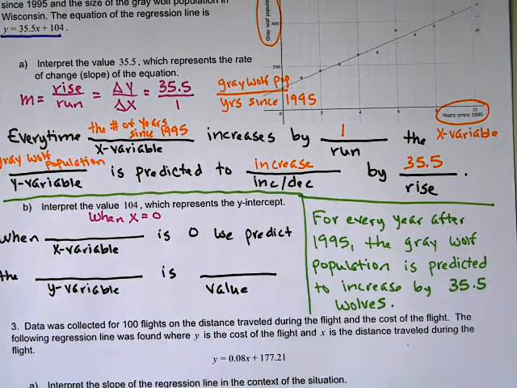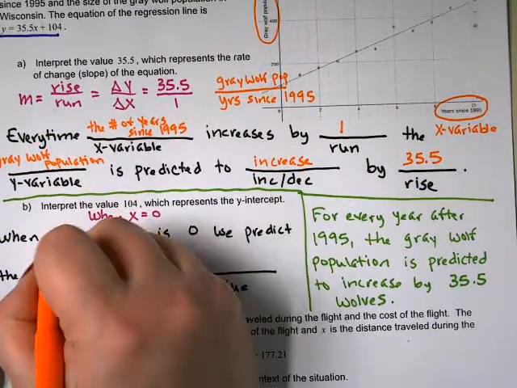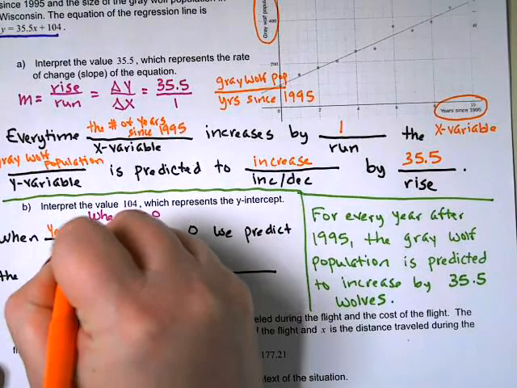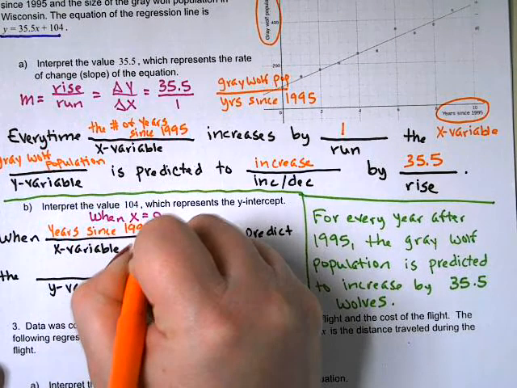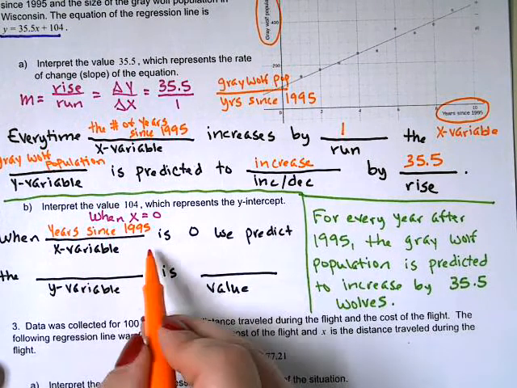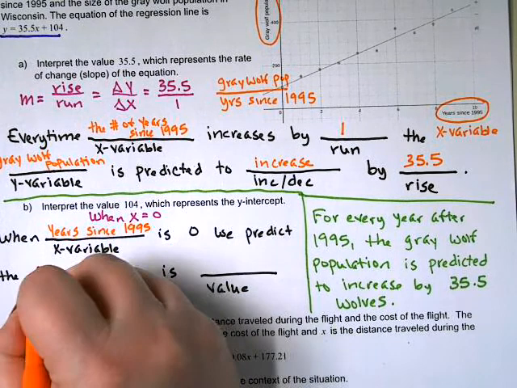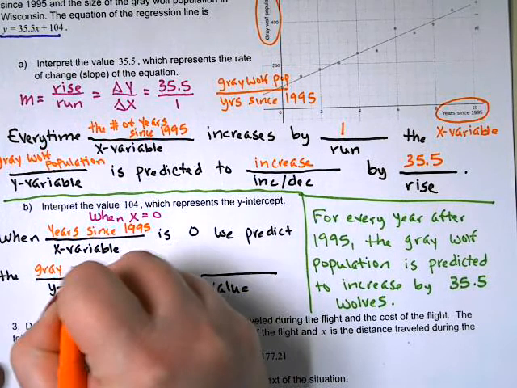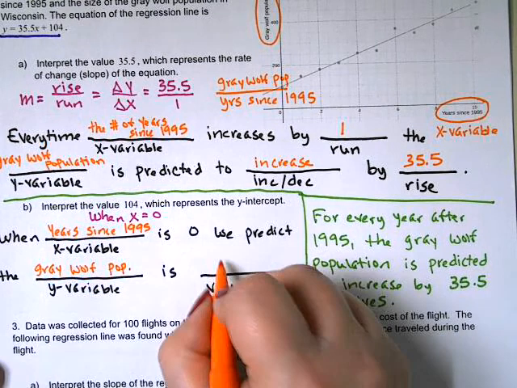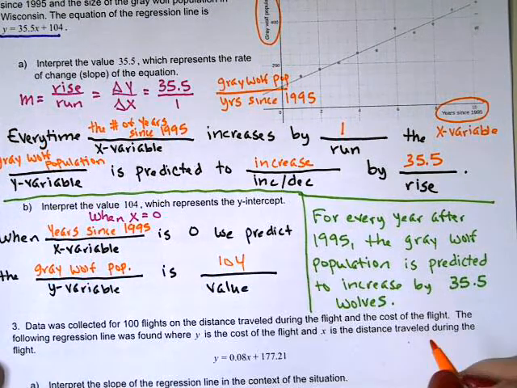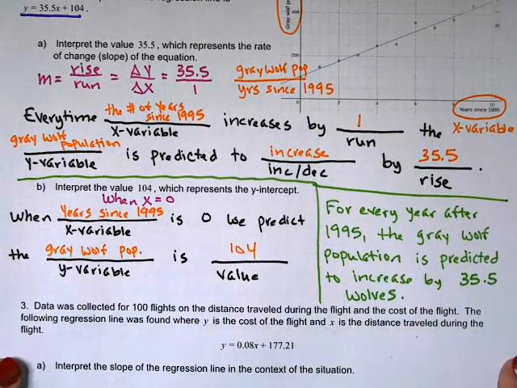So the x variable means the years since 1995. So when the years since 1995 is 0, we predict the gray wolf population is 104.